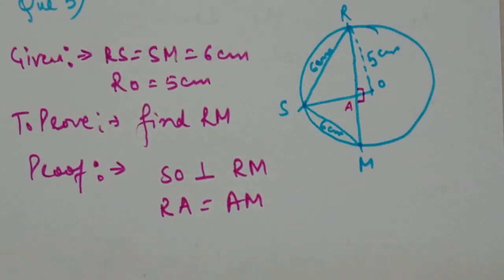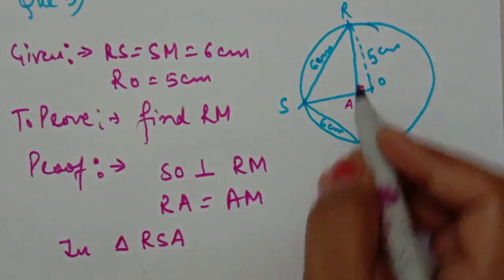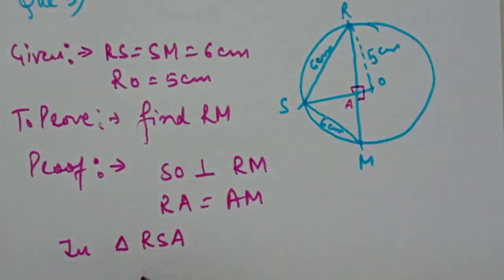So students, in triangle RSA, because it is a 90 degree angle, we will apply the Pythagoras theorem in it.